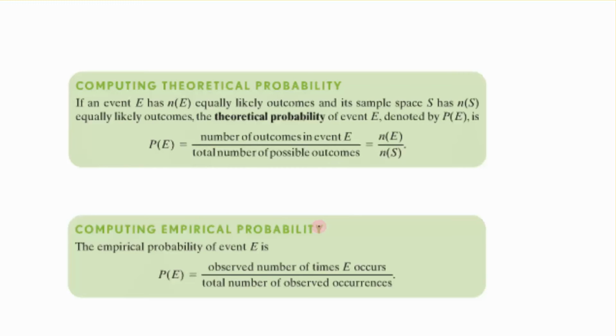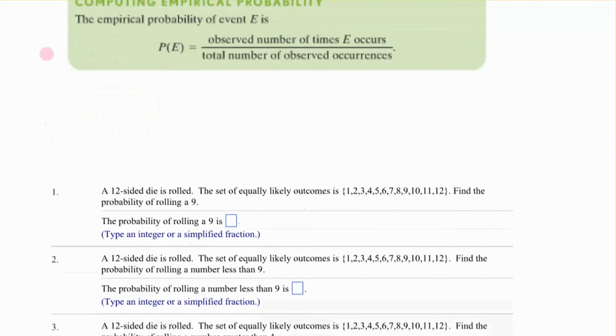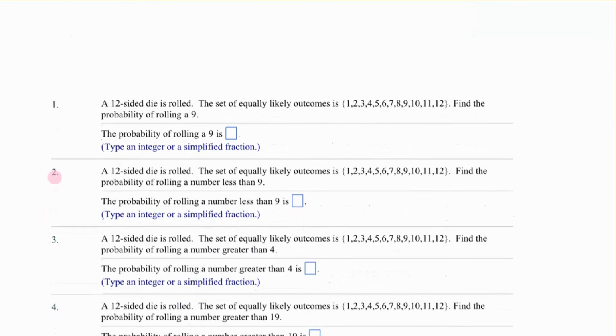Empirical probability has to do with observing something, like in an experiment. In this case, it would be the observed number of times E occurs over the total number of observations. Okay, so this is a little bit more experimental, whereas this happens in theory. All right, let's see how to use these and which one we're using.